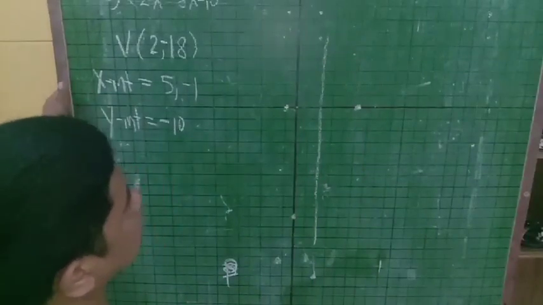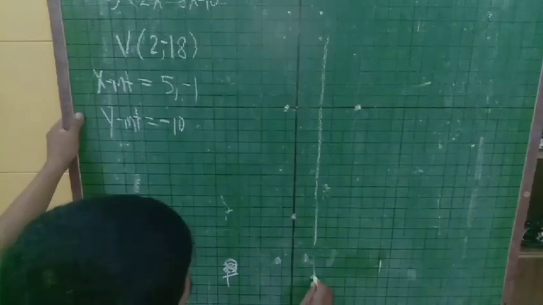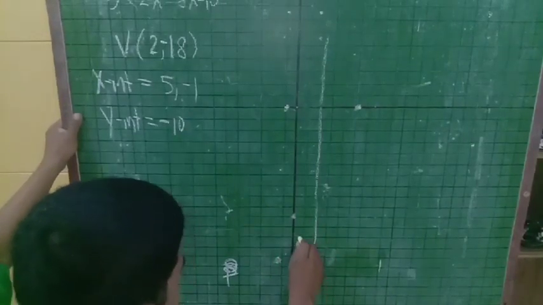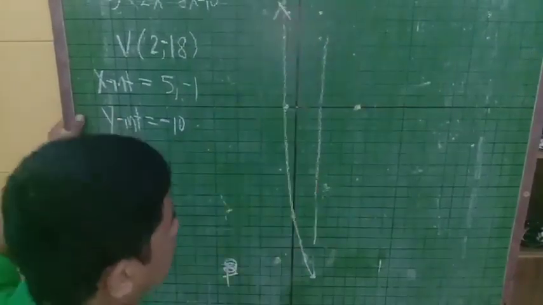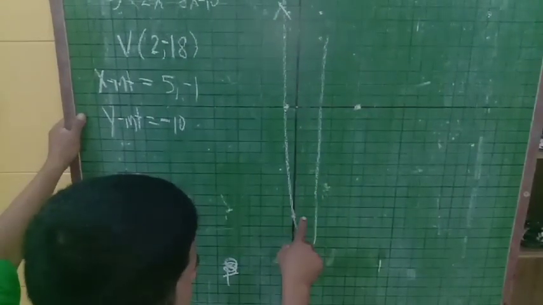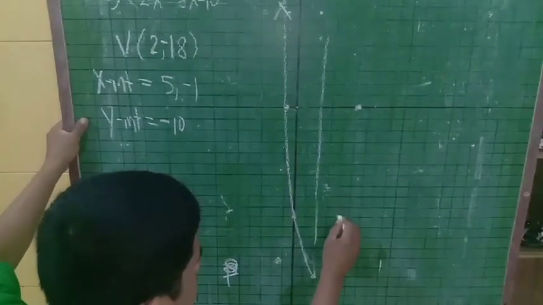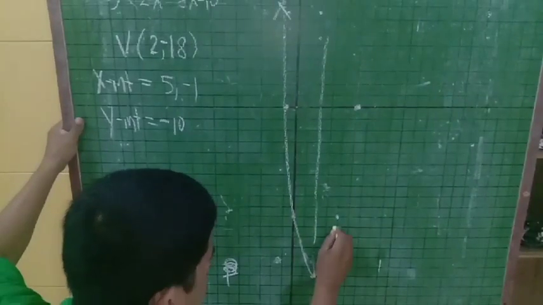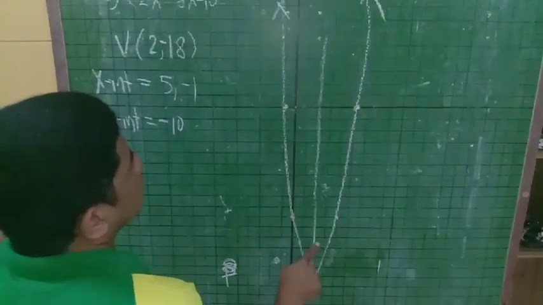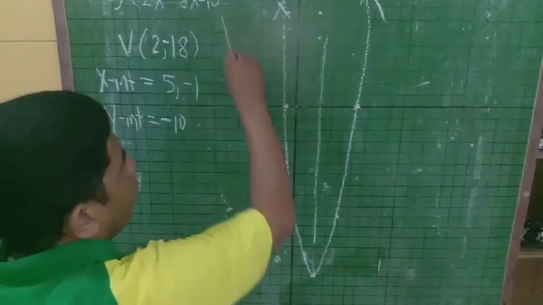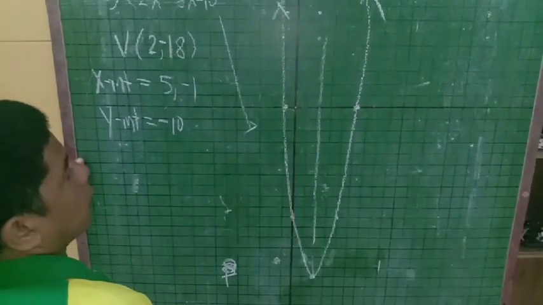Okay, graph na natin ang ating function. So, bilang lang tayo dito. So, connect lang natin. Parabola. Next, ito naman, bilang tayong dalawa. 1, 2. Para at least pantay, kahit pa paano. So, this is the graph of y equals 2x squared minus 8x minus 10.